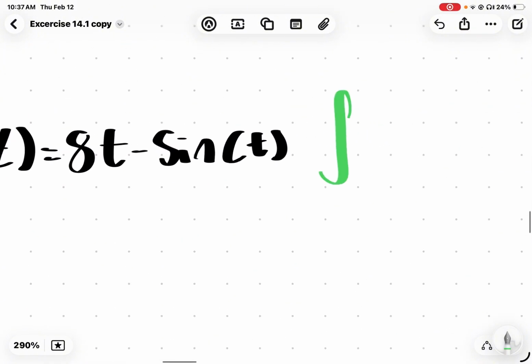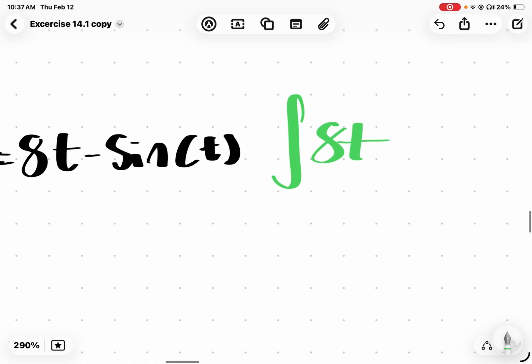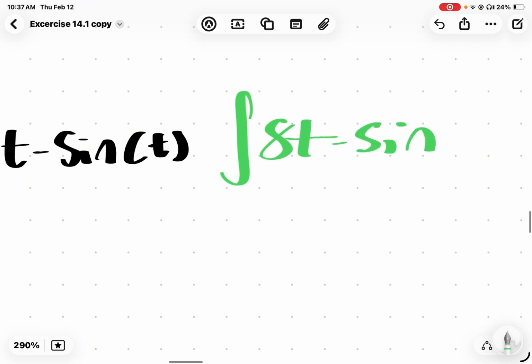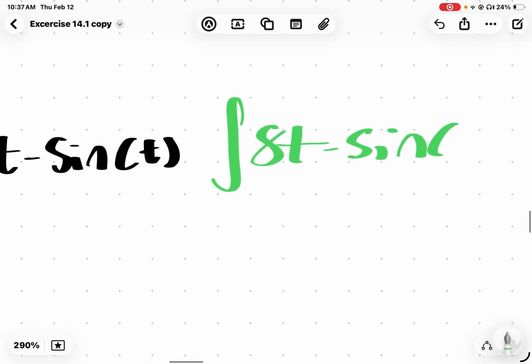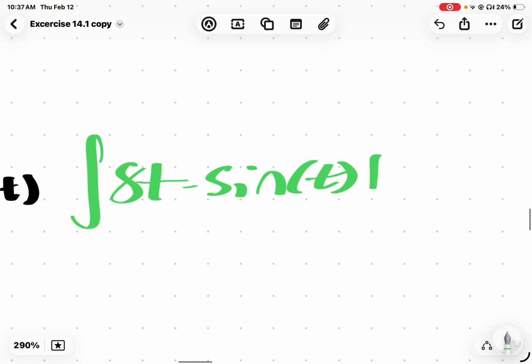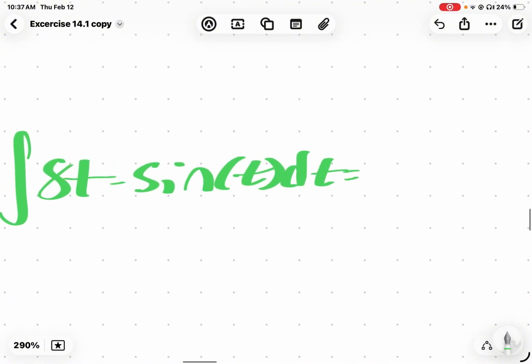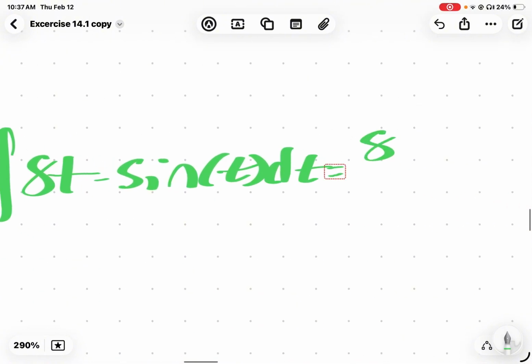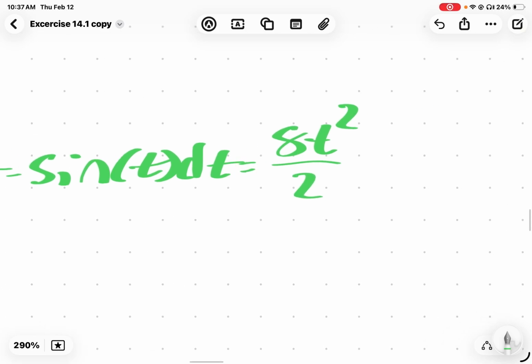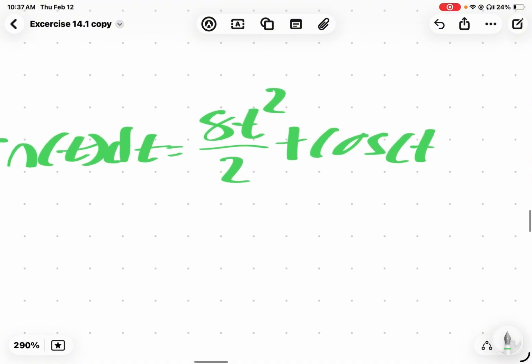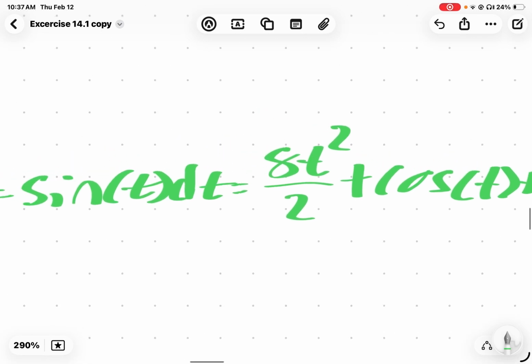First we have the integral of 8t minus sine of t dt. Reverse power rule for the first term gives us 8t squared over 2. And then for the next term, the derivative of cosine is negative sine, so that means we just have plus cosine of t. And then we have plus c.